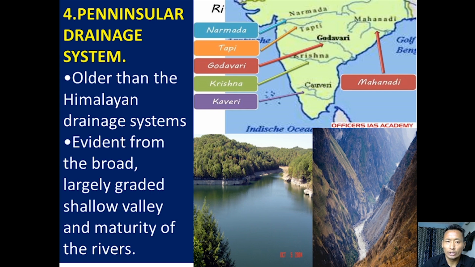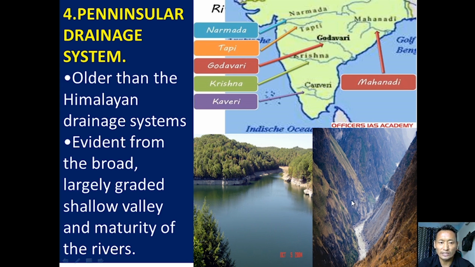Usually Peninsular river systems are much broader than Himalayan river systems, and mostly Peninsular rivers flow in very graded shallow valleys. Himalayan rivers mostly flow in very deep gorges and in between the steep valleys of the Himalayan mountains.